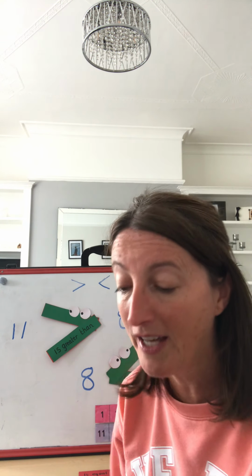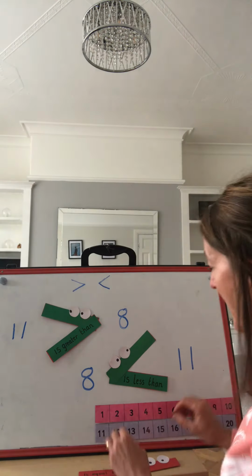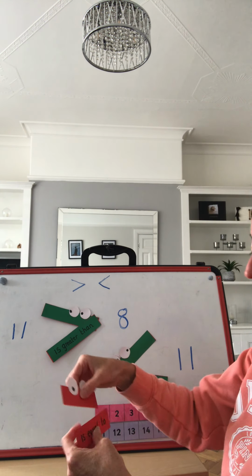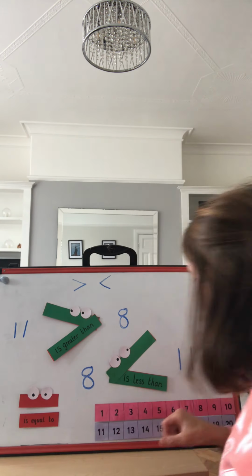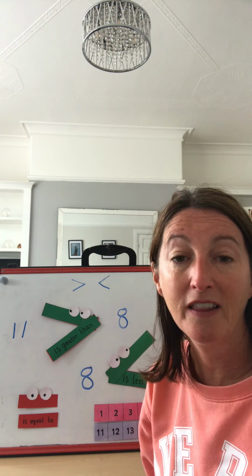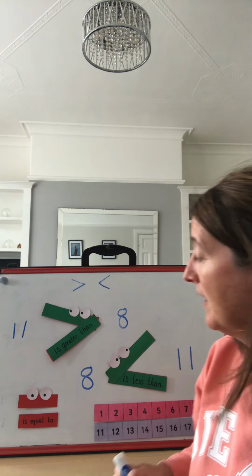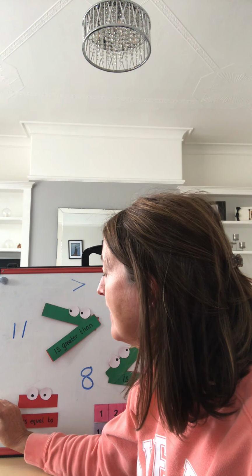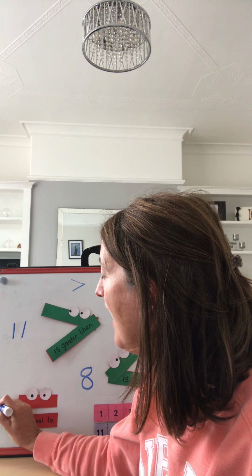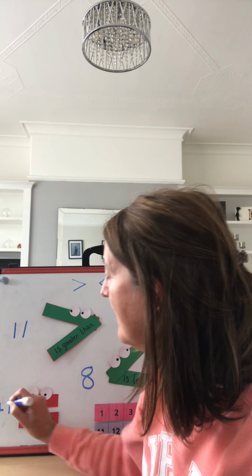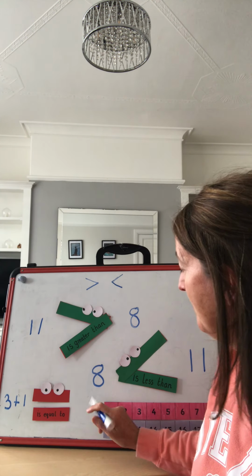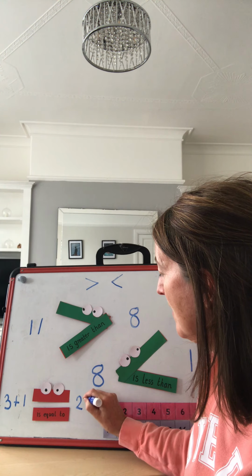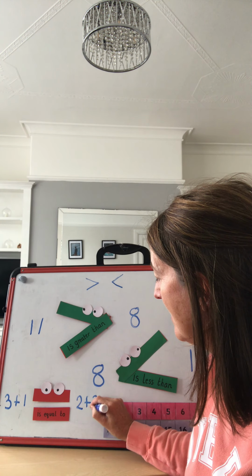Now my time's going to run out. And equals to just means exactly the same. So if I was looking at the number 4, I could say that 3 and 1 is equal to 2 plus 2.